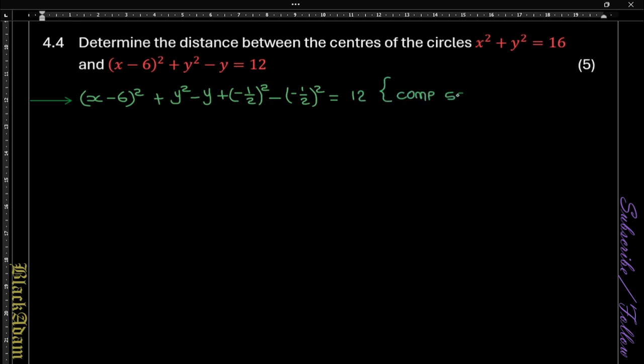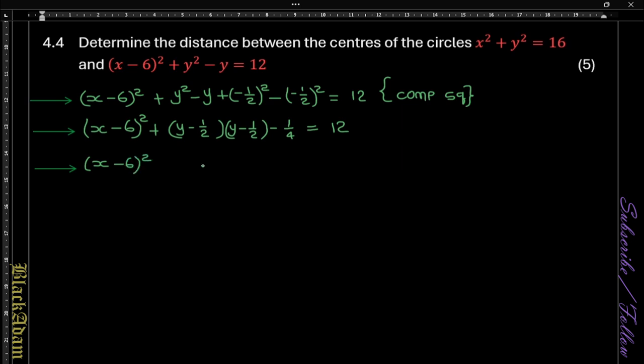So here we complete the square. What we have there is x minus 6 squared plus we have to factor that, so it's y minus half, and that's y minus half, and then that's going to be minus 1 over 4 is equal to 12. And that gives us x minus 6 squared plus y minus half squared is equal to 12 plus a quarter.